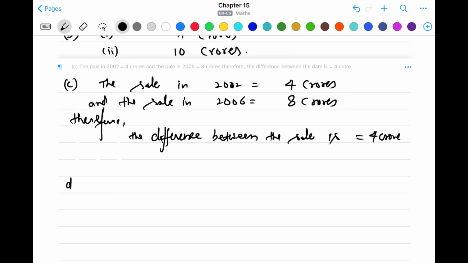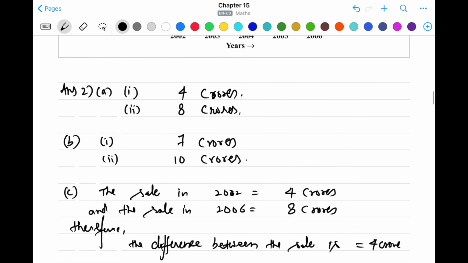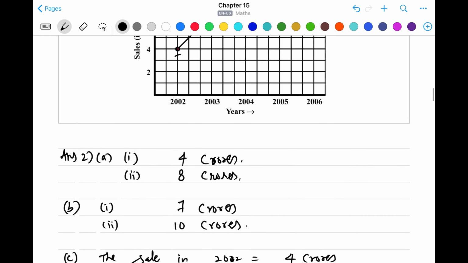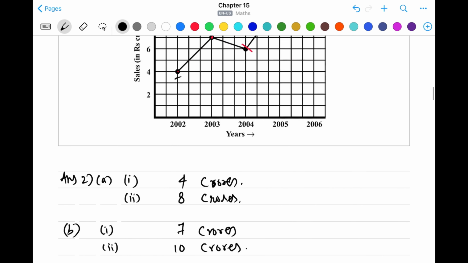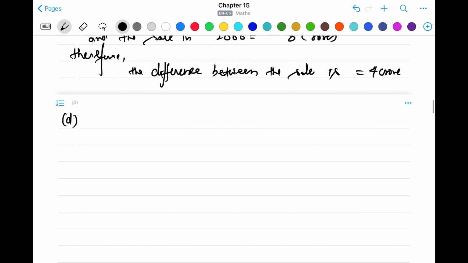The question is, in which year there was a greatest difference between the sale as compared to its previous year. So it's between year 2004 and 5. So sale shows upward trend or increase between 2004 to 5. Let's write its answer.